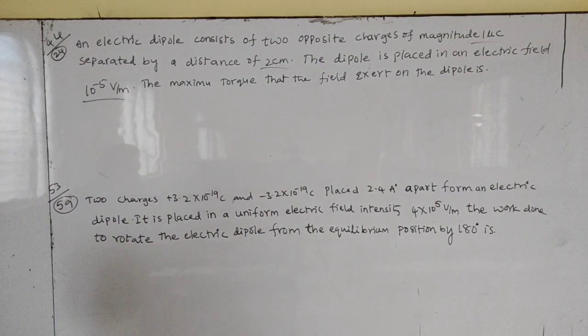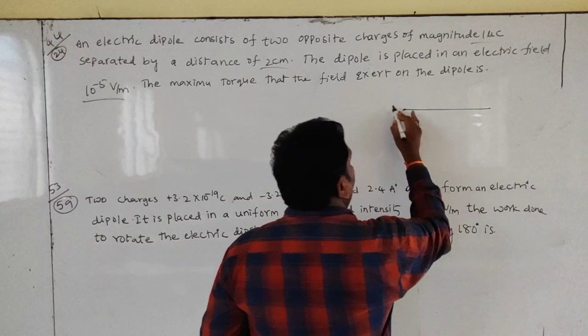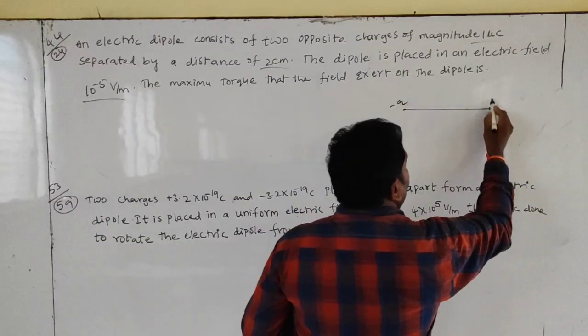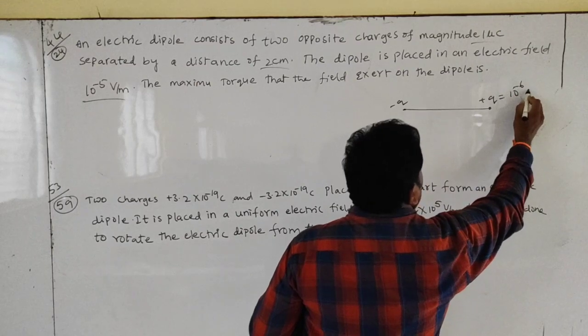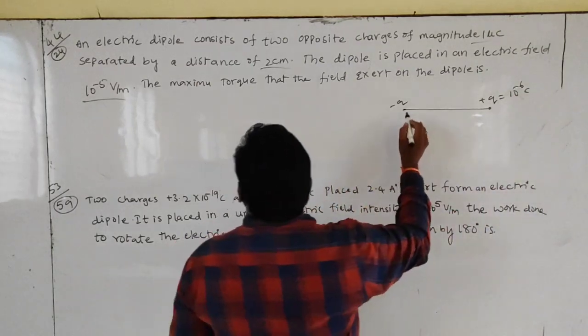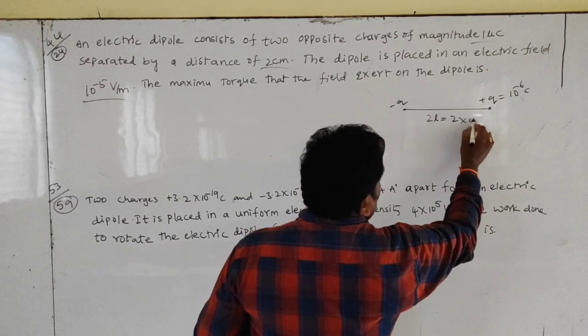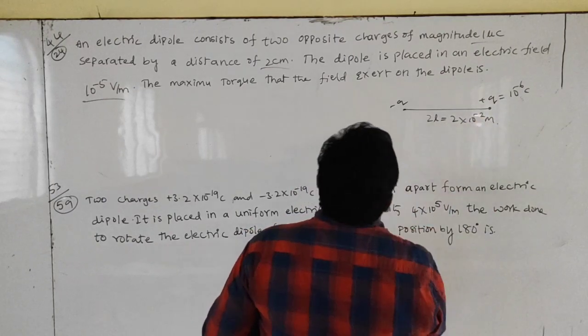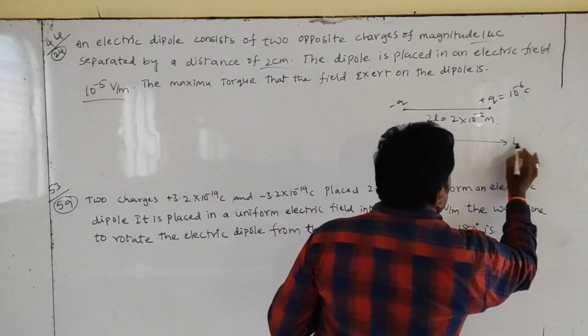You see, this is the dipole, minus q and plus q. So how much is the charge? 10 power minus 6 coulombs. Separated by a distance, so 2L equals 2 into 10 power minus 2 meters, and it is placed in the electric field.